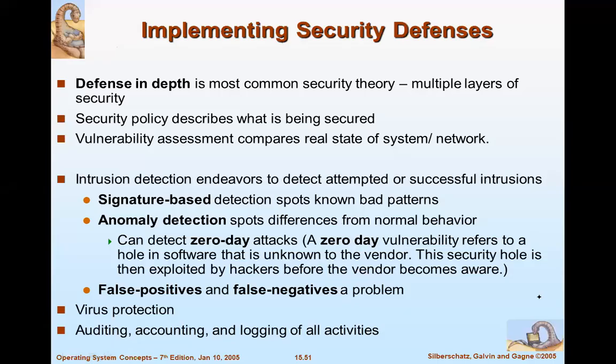Intrusion detection endeavors to detect attempted or successful intrusion. Signature-based detection spots known bad patterns, while anomaly detection spots differences from normal behavior, and it can also detect zero-day attacks.